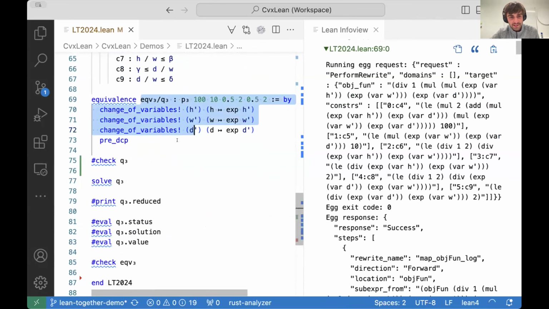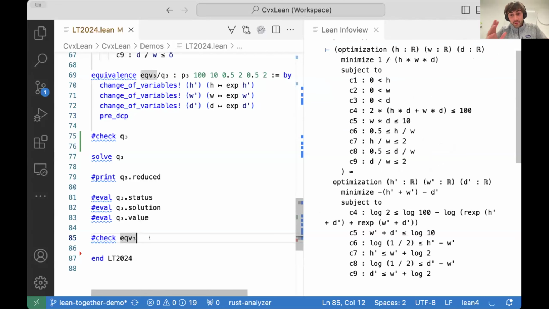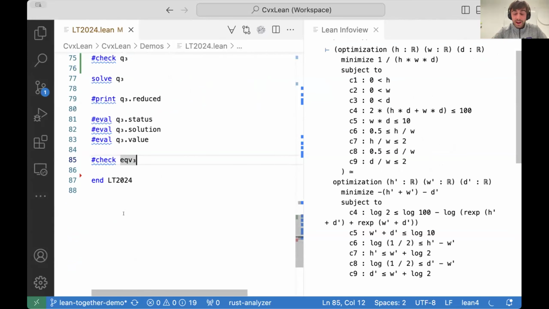Yes, that's a very good point. It's not a solution to P3. So you would have to take that solution and apply some auto-generated function, generated as a result of all this proving, in order to get the original one. That's a great question, and I really want to do that, and chain equivalences.